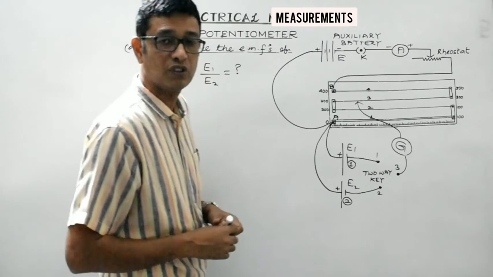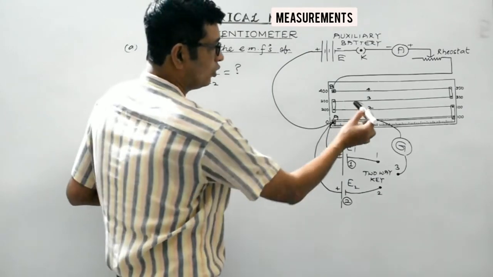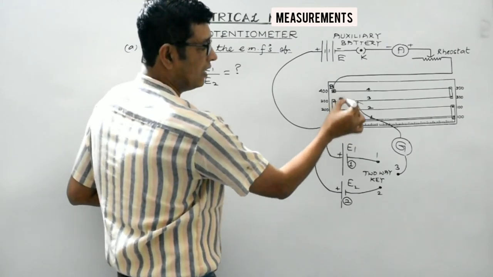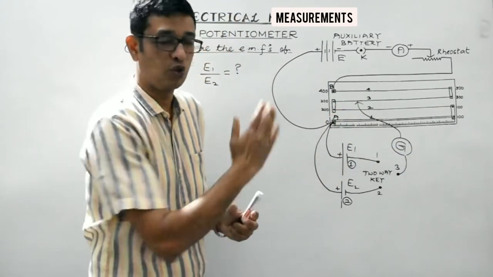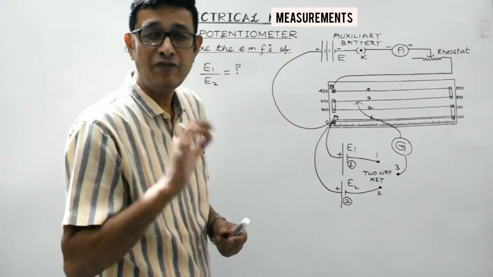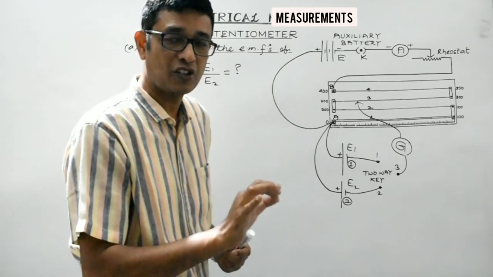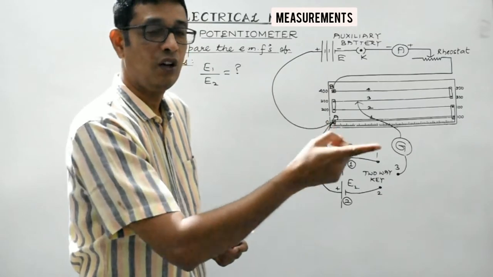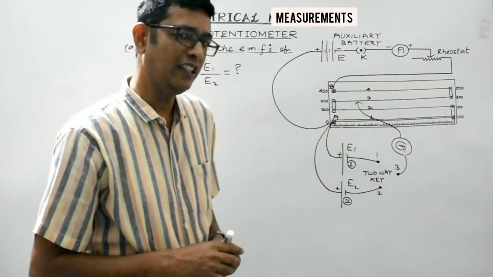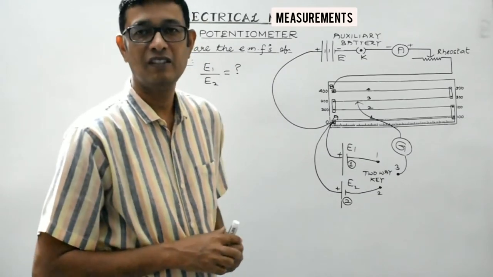What you need to do is that the first step is to place the jockey at the two extreme ends of the potentiometer and check whether the galvanometer shows deflection in the opposite directions or not. If the galvanometer shows deflection in the opposite direction on placing the jockey at the two extreme ends of the potentiometer, then the circuit diagram is perfect.